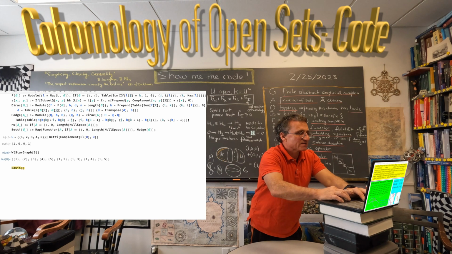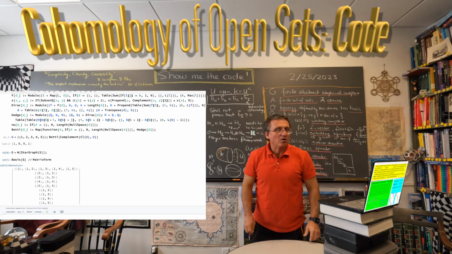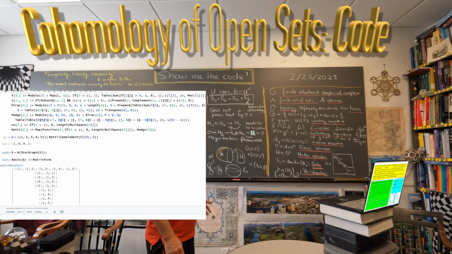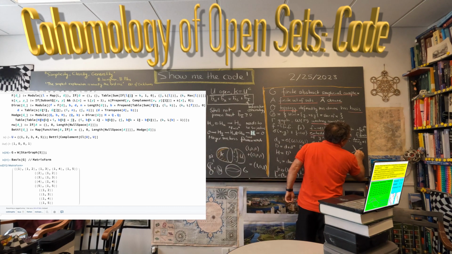So if I call this G, this is my simplicial complex, and I say I want to have a basis of G. You see these are all the open sets in this star graph. This is an example of an open set. So this is U of 1.